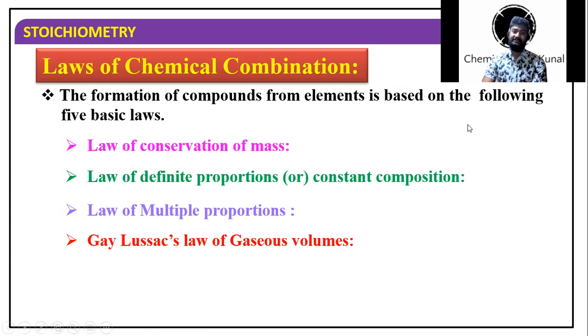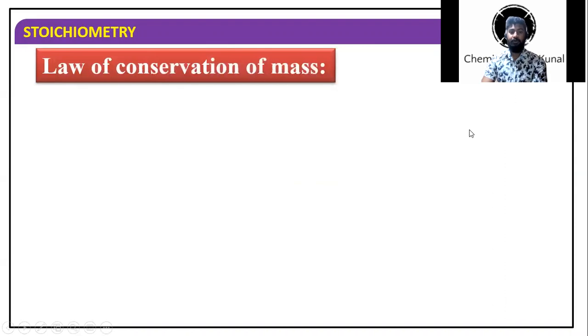And the last one is Avogadro's law. Once these laws get over, we can jump directly into the mole concept. So let us start with the first law, the law of conservation of mass.